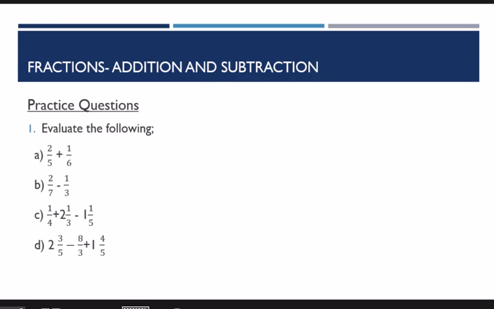Next question. You have 2 and 3 over 5, minus 8 over 3, plus 1 and 4 over 5.